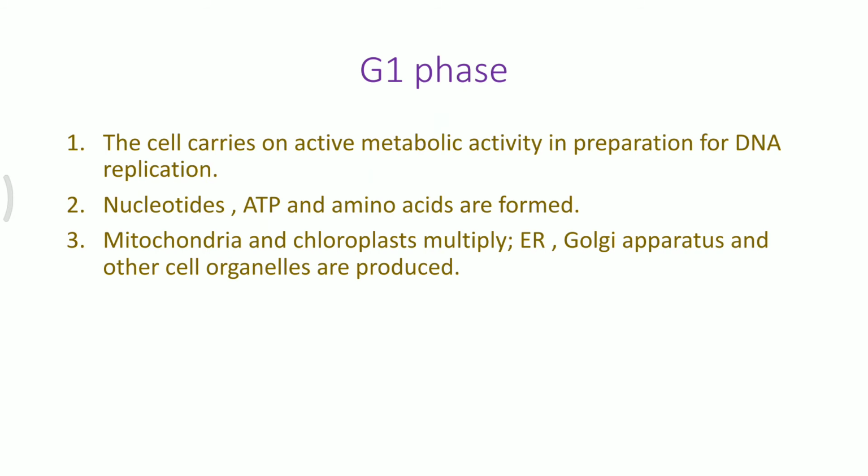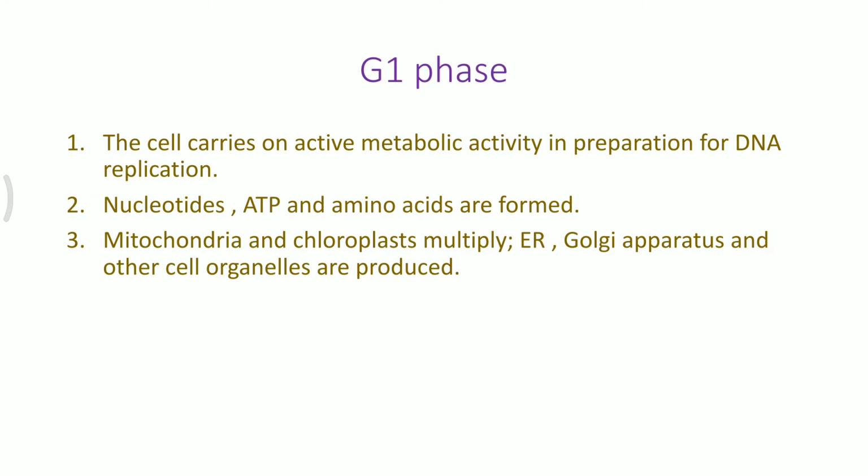G1 phase is the stage in which there is initial growth. We can see that the cell has a lot of metabolic activity going on inside it. It means the nucleotides, ATP molecules, amino acids, they all are getting formed. Mitochondria and chloroplasts are getting multiplied, like duplication of these structures is taking place. Endoplasmic reticulum, Golgi apparatus, different kinds of RNAs, ribosomes, lipids, proteins, they all are getting synthesized.